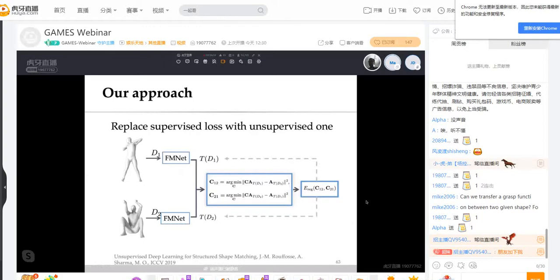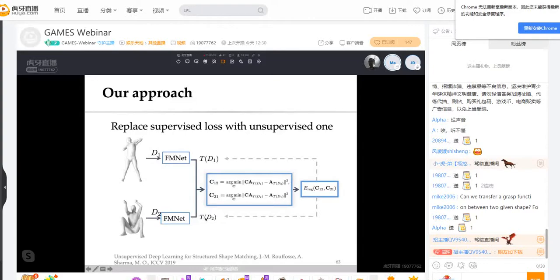So what we propose is a variant of this idea where, again, we have a pair of shapes, 1 and 2. We have some descriptors, D1 and D2. We take these descriptors, we pass them through the same network that is trainable, so we learn the weights of this network. And then this gives us the transformed descriptors. So T, in this case, is the transformation of the input descriptors.